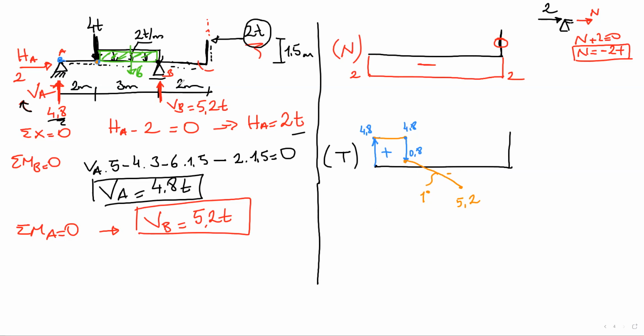Now where am I? I'm at this location. There's a point load over here. I'm at minus 5.2. Let's put the point load here. Its magnitude is 5.2, but it goes up. So it goes to 0.